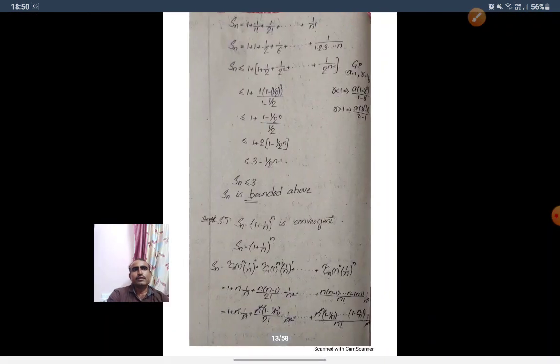To prove it is bounded, see, Sn is equal to 1 plus 1 by 1 factorial plus 1 by 2 factorial plus ... plus 1 by n factorial.